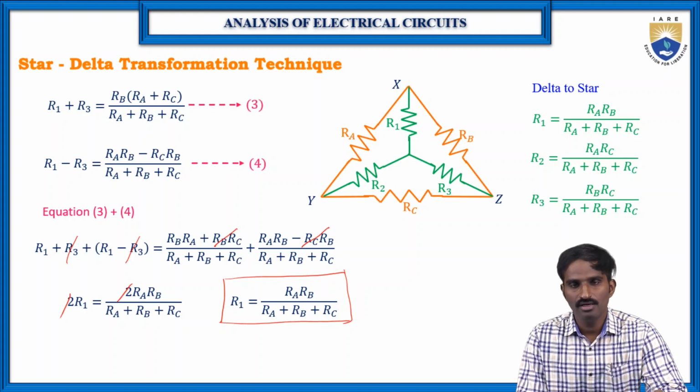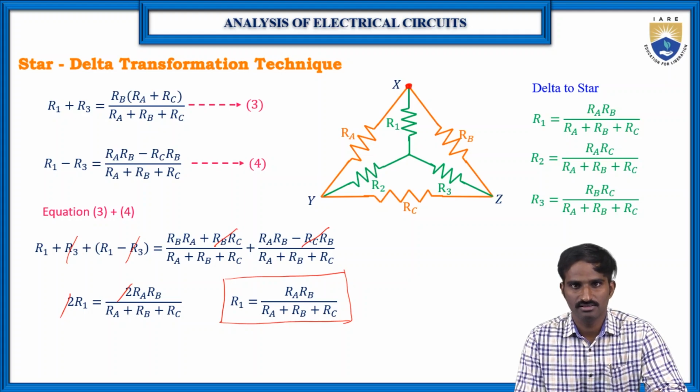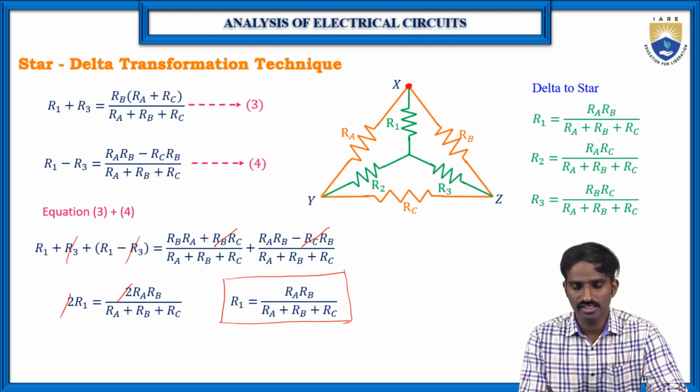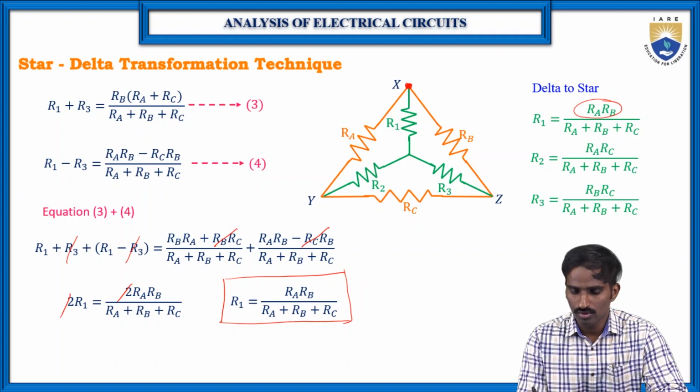As you can see here, R1 is connected to the terminal or node X. So what are the other two resistors connected to this particular node X other than R1? RA and RB. So that's why you can see RA RB by the total resistance RA plus RB plus RC. Then similarly R2 is connected to the terminal Y. What are the other two resistors connected to terminal Y from the delta network?